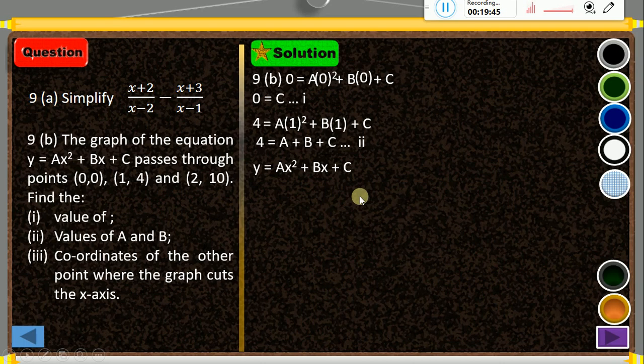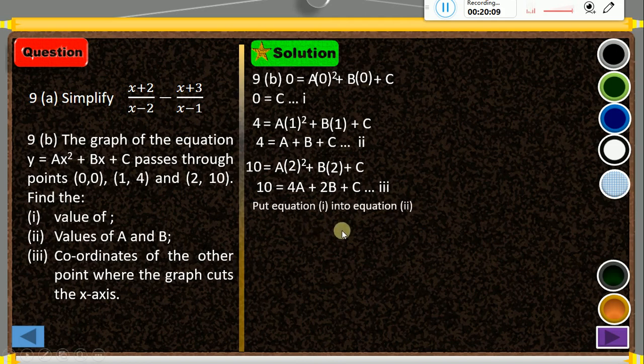So now doing the same thing for the second one, and then we replace y by 10, x by 2. We are going to get the final equation as 10 is equal to 4a plus 2b plus c. Remember also that c is equal to 0.